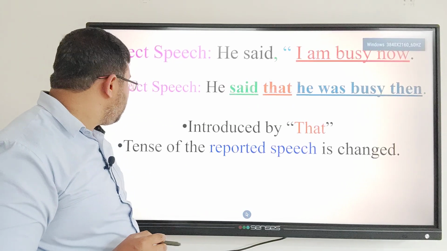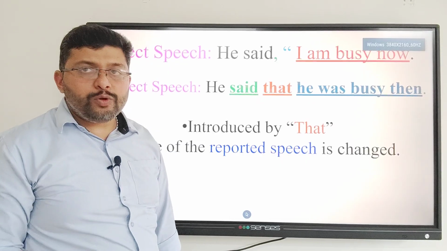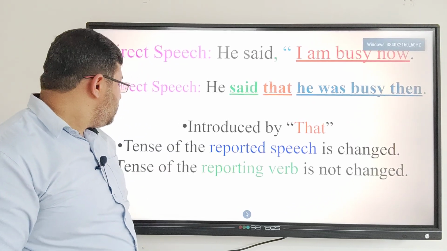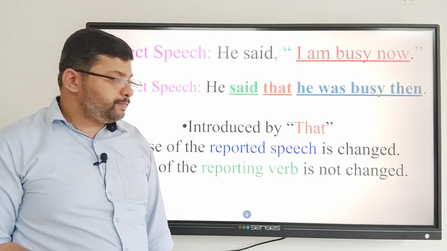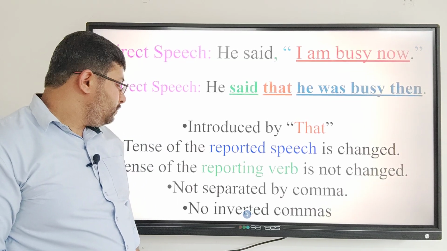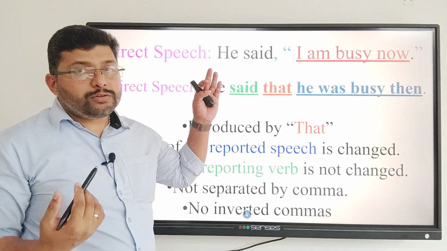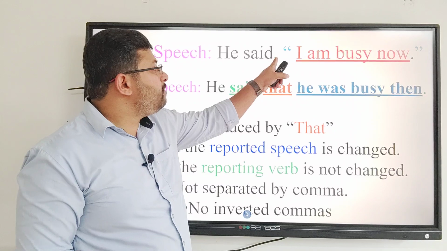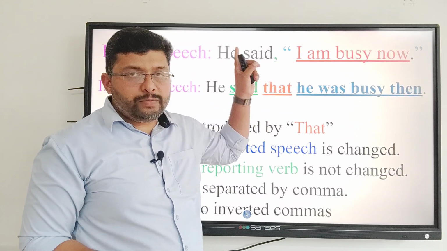Now, second point, tense of the reported speech is changed. I'll explain to you what is meant by reported speech. And next one, tense of the reporting verb is not changed. And third point, not separated by comma, no inverted commas. So what are the features of direct speech? A comma will be there, double inverted commas will be used, and a capital letter will be there.